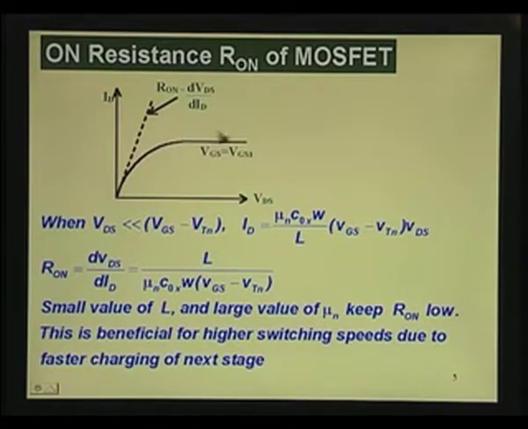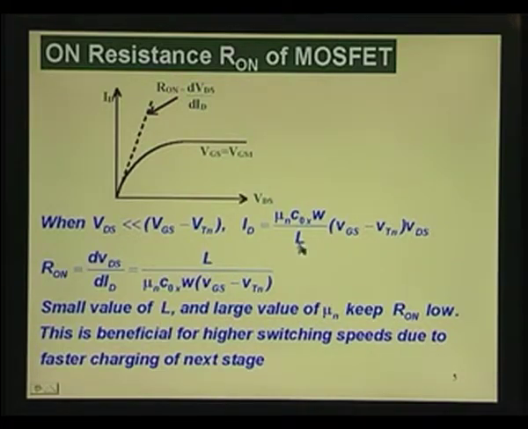Going out here, this portion is called the saturation region. So, in the linear region, the ID is related to VDS and the gate voltage by this particular relationship. Okay. ID is equal to some constant which depends upon the mobility, gate oxide, channel width and channel length.